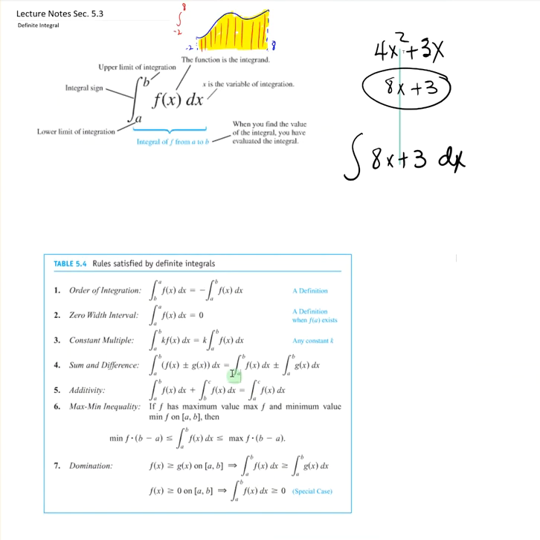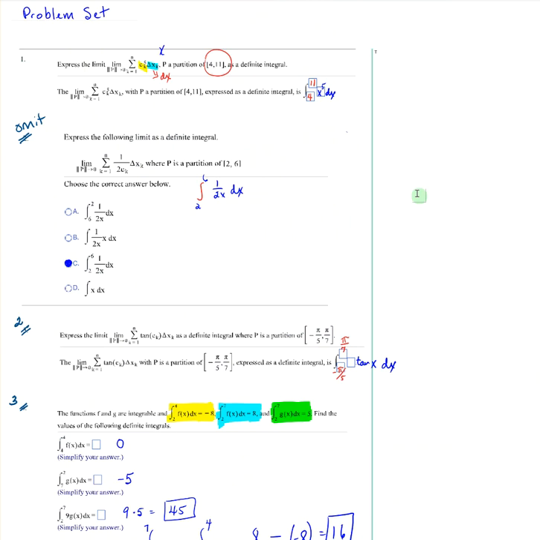Let's go look at the problems that we have here. So we start out a little slow here. Express the limit of the sum of, and we have our c sub k to the fifth, delta x sub k, where p is a partition from 4 to 11, as a definite integral.